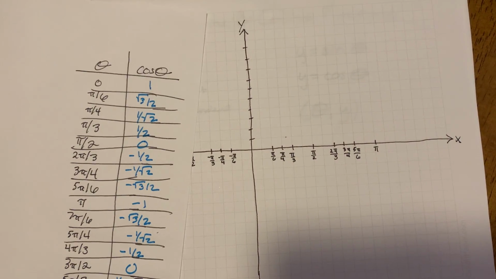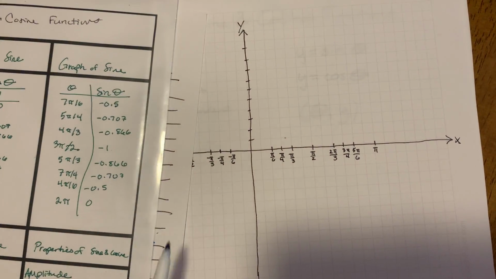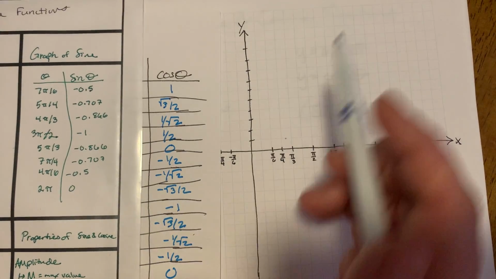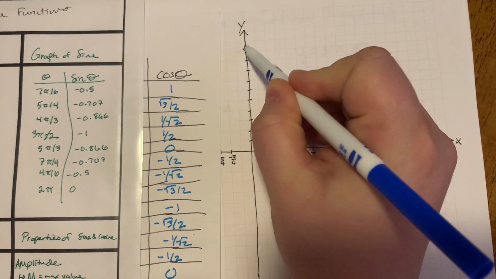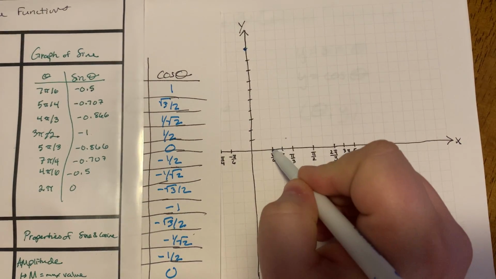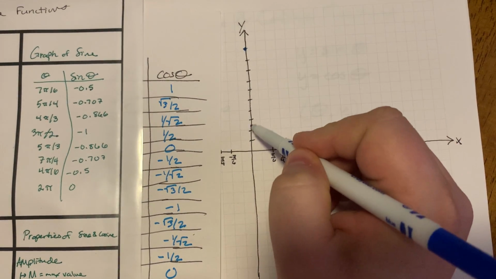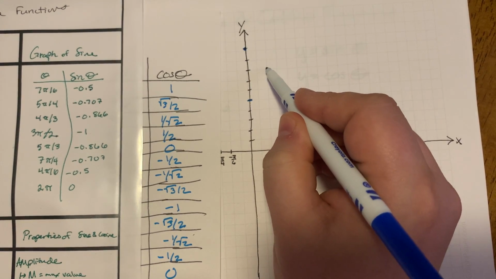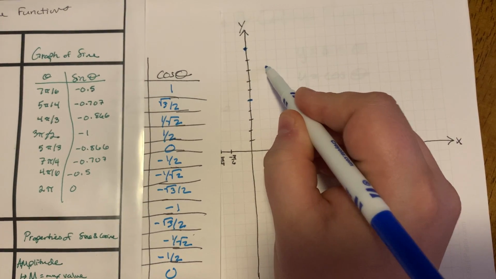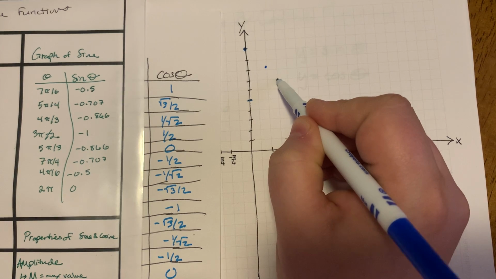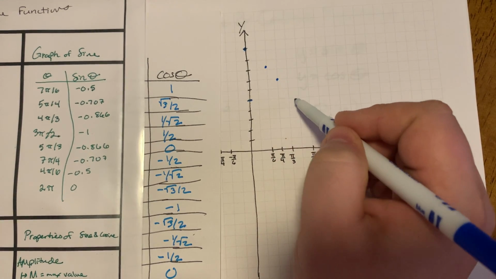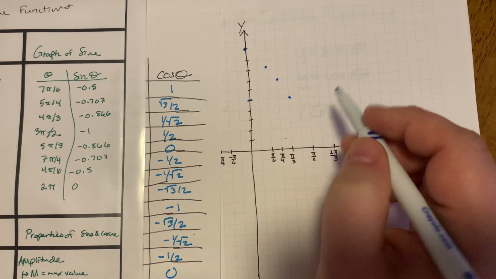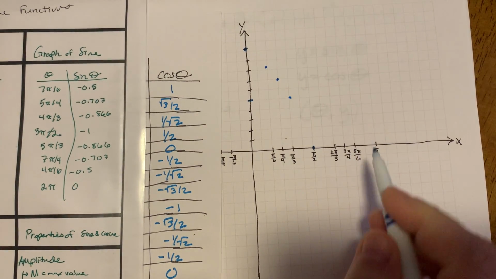And then if we want to go ahead and graph these points, now at 0, we're up at 1. At pi over 6, we're at 0.866, then 0.707, then 0.5. At pi over 2, we're at 0.